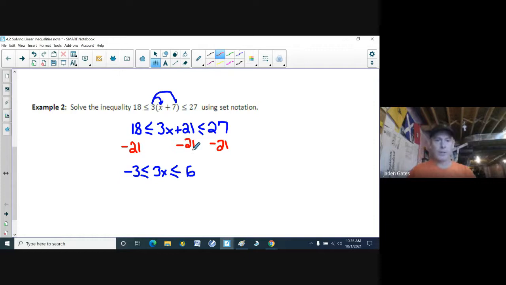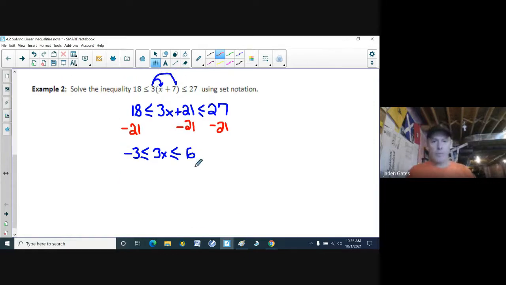Now I'm trying to get x by itself here, so I'm going to divide by 3. But what I do to the middle, I'm going to do to both the left and the right. Negative 3 divided by 3 is negative 1, and that's less than or equal to x, and less than or equal to 6 divided by 3, which is 2.